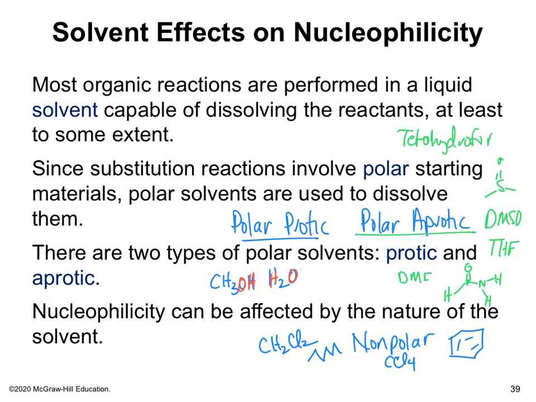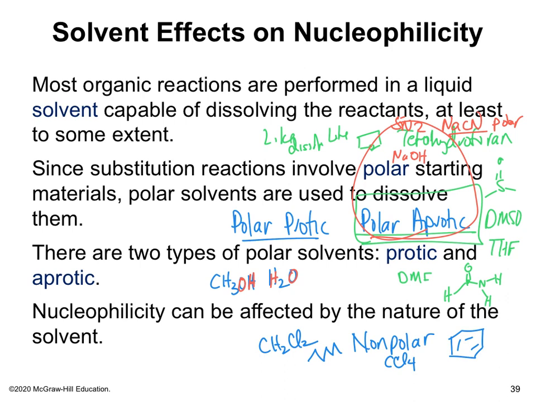You might want to get some of these down and classify them because they'll be helpful in solving problems. These are polar, so remember, like dissolves like. So these will dissolve sodium hydroxide, right? Sodium cyanide, because those are polar, but they're going to be better for SN2.